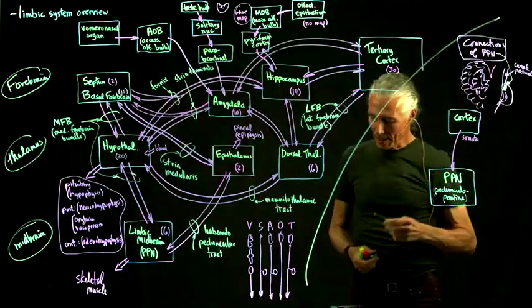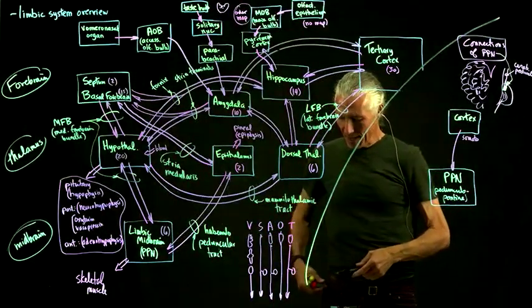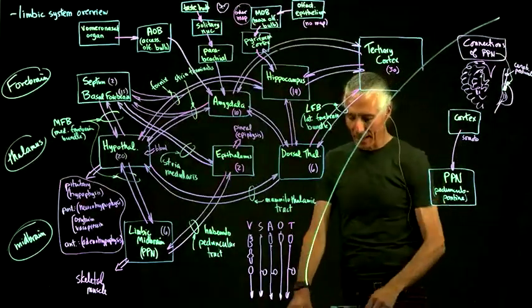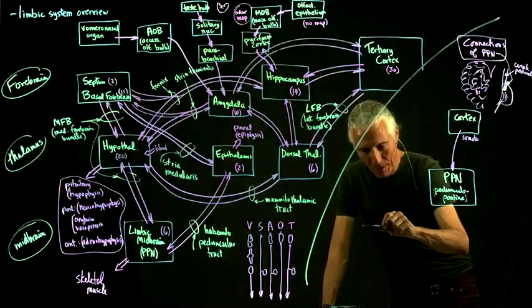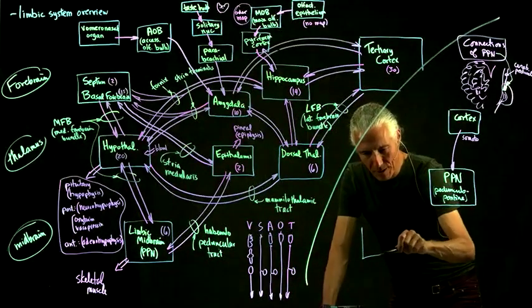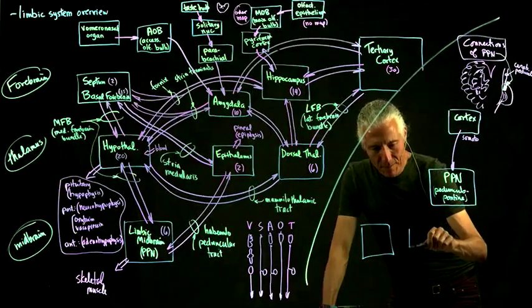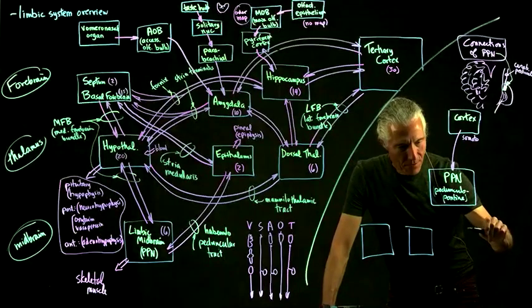So that's the cortex. And then it has a whole bunch of projections to motor structures. It itself doesn't have any strong projection down to the spinal cord, but it goes to the vestibular nuclei, and it goes to the deep cerebellar nuclei, and it goes to the reticular formation.